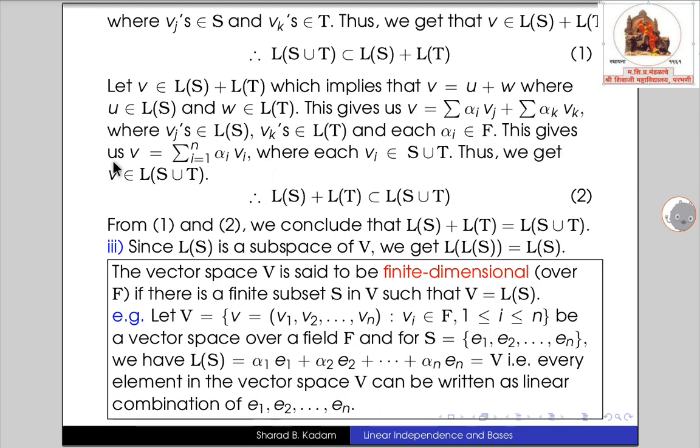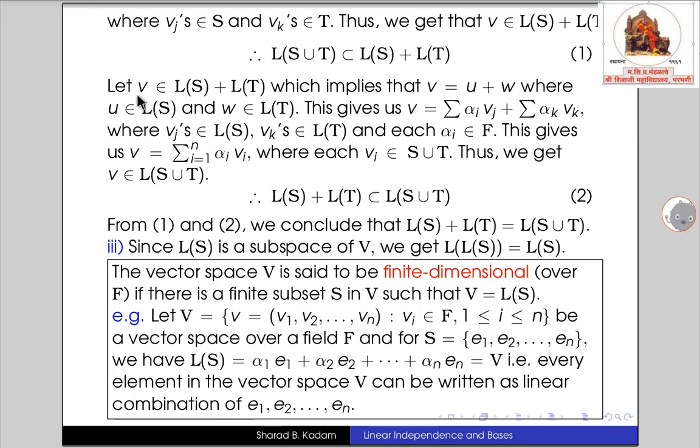So this gives us V to be the summation of alpha i vi, where i is running from 1 to n, and where each vi is in the set S union T. So thus we get that V is an element in the linear span of S union T.